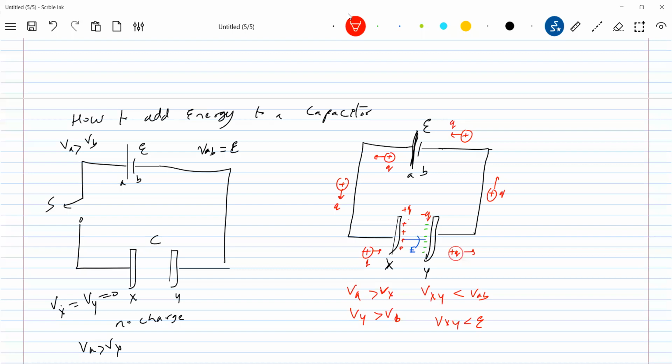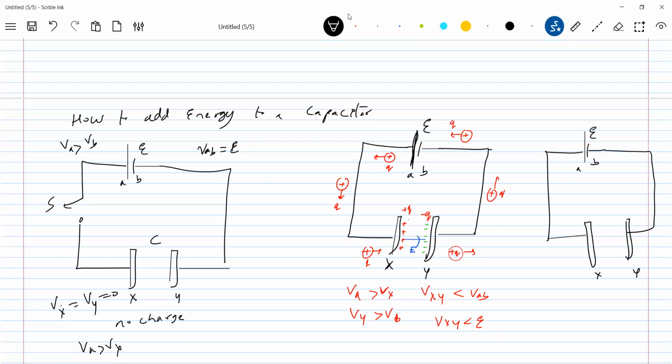Finally, what will happen? Everywhere you have to trace out the charge. There it was the current, no? Here it's about the charge. Finally, what will happen is, this is the applied EMF. This is plate A, plate B. This is X, this is Y. The charge here will be plus Q. And further, there won't be any drifting of charges.